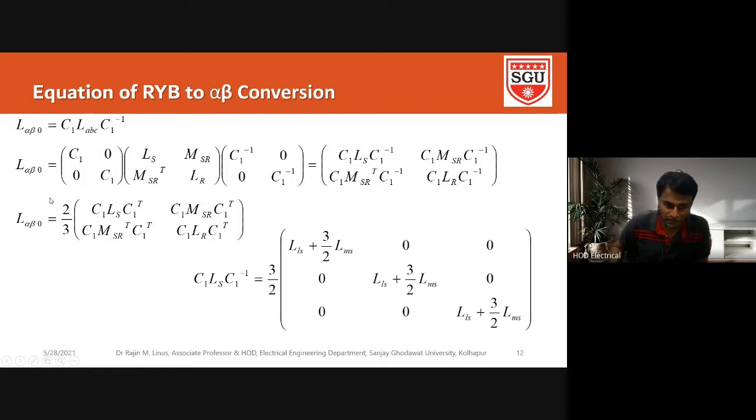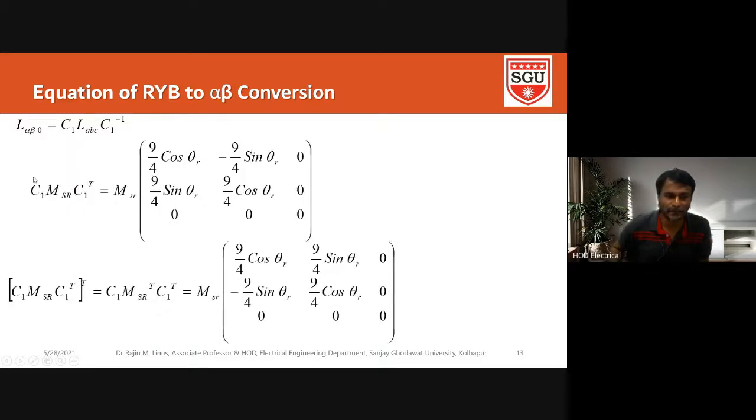So this matrix will come. Finally, you have to calculate individually what C1 LS C1 transpose is. You will get this equation. Similarly, we have to calculate this C1 MSR C1 transpose.